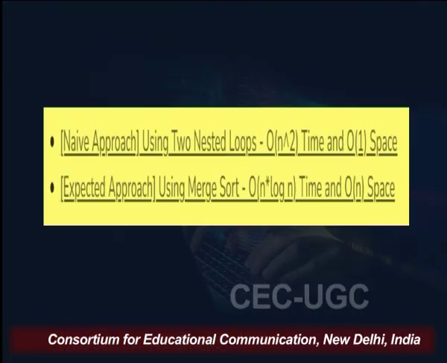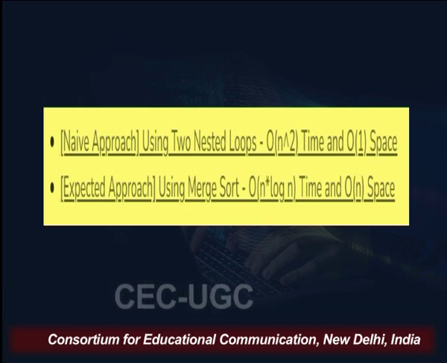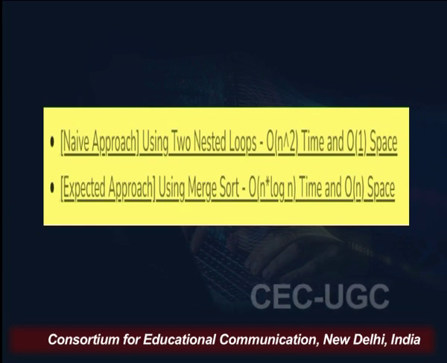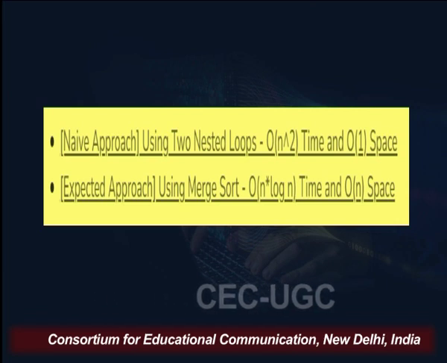One is the naive approach, which uses two nested loops, so its complexity is order n square, and it uses order 1 space.